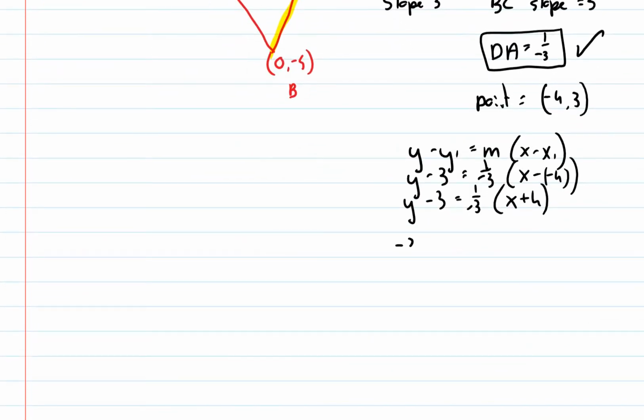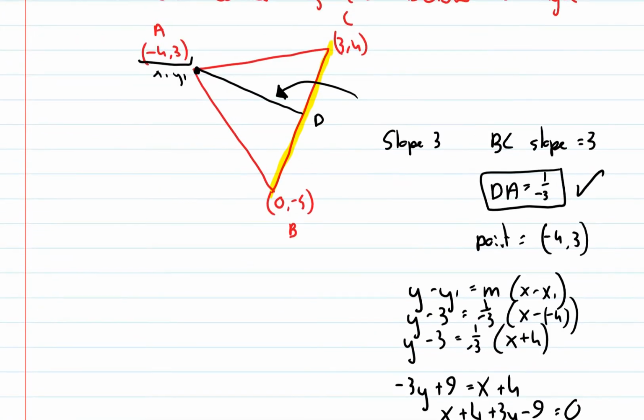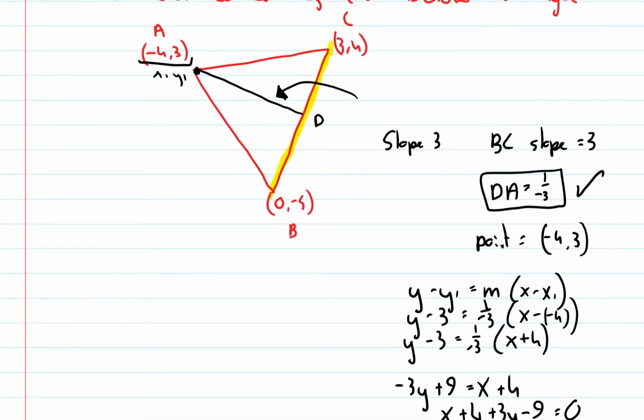Working this out then, we get minus 3y plus 9 equals x plus 4. And bringing it all to one side, we'll have x plus 4 plus 3y minus 9 equals 0, which will be x plus 3y minus 5 equals 0. And I generally like bringing the number across. So there's the equation of that line.